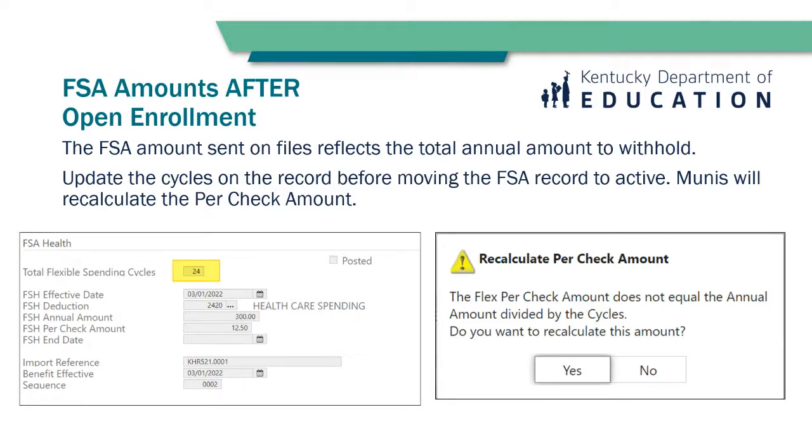It's a good month. So say you have an employee that starts in March and they only have 20 cycles remaining. You would update that to 20 and it would do the dollar amount per paycheck. The system doesn't know how many cycles you have remaining for the year at your district. So you need to tell it how many cycles and it will calculate it.